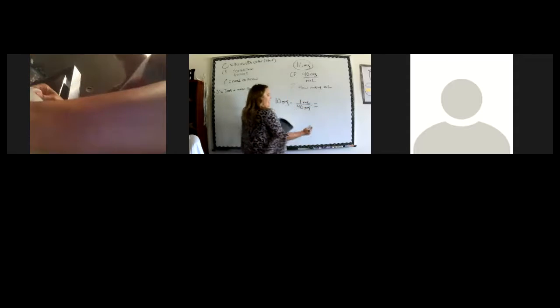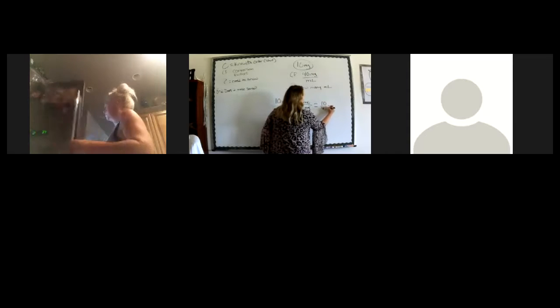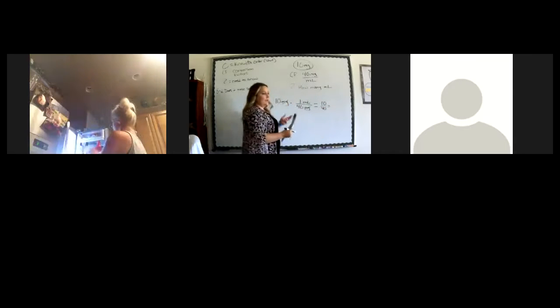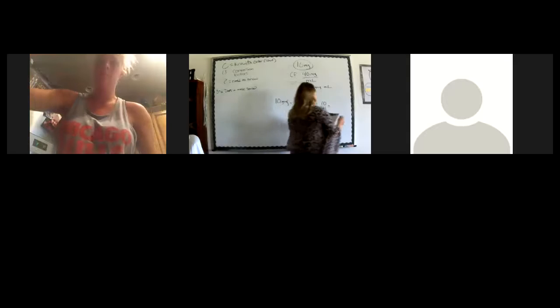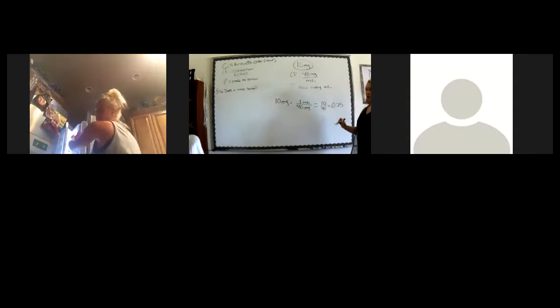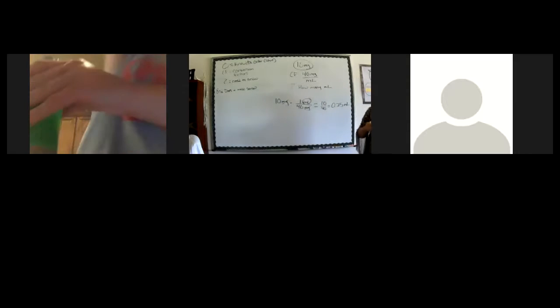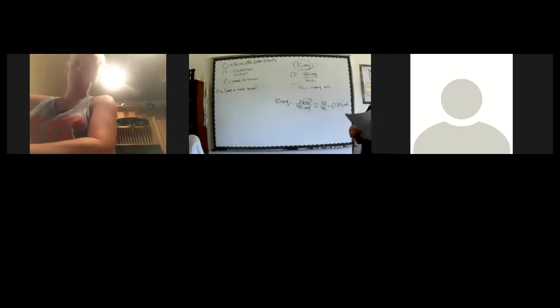If I do the math, that's 10 divided by 40, right? If you have a calculator with you, 10 divided by 40 is 0.25. My only unit left is mils. It asks me how many mils, so 0.25 mils should be your answer. But if you notice at the end, it says round your answer to the nearest tenth.